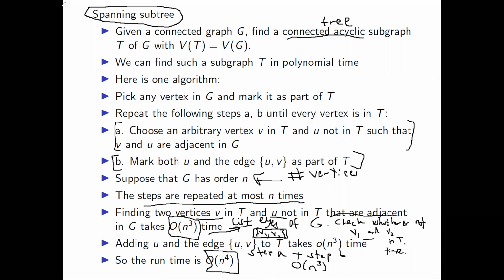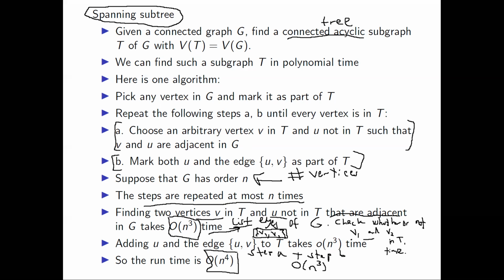So if we're trying to get an upper bound on the runtime in terms of the order of the graph for some polynomial time algorithm, we can analyze it like this. We can break down the steps. We can look at the runtime for steps of the algorithm, and then we can multiply or add certain runtimes together.